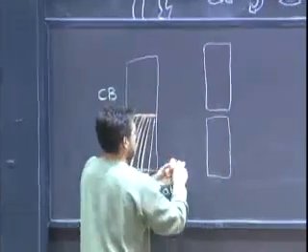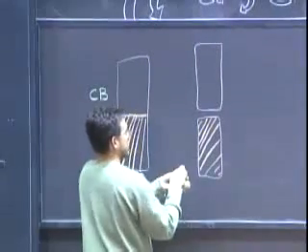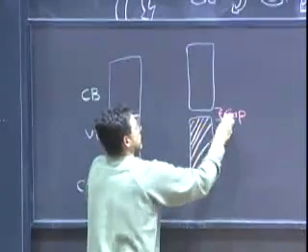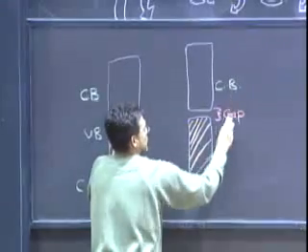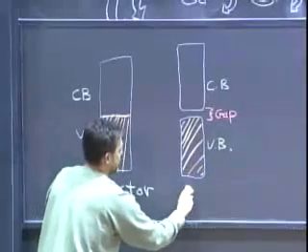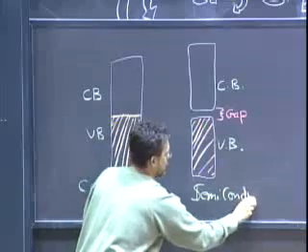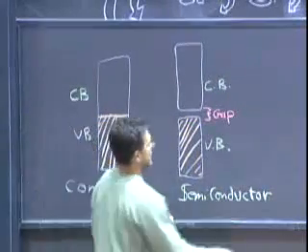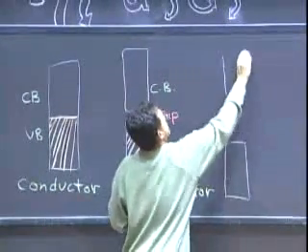You may have a valence band that is separated by some energy gap from the conduction band. And if that is the case, then you have a semiconductor, such as silicon. Okay, and then finally, you can have a large gap between your valence band and your conduction band.